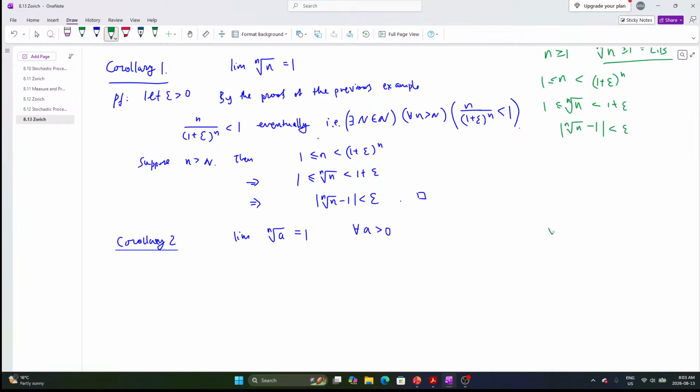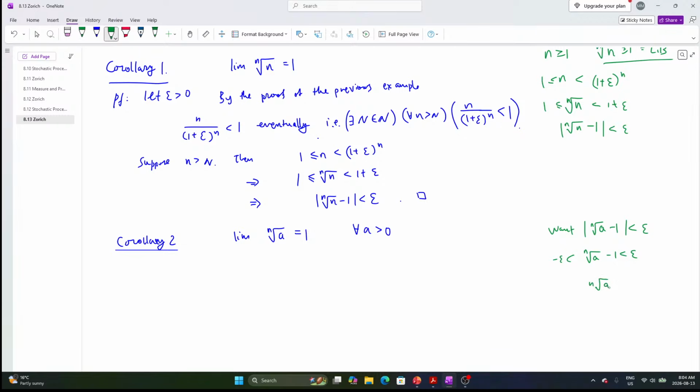We want the nth root of a minus 1 to be less than epsilon, so the absolute value of the nth root of a minus 1 is less than epsilon, meaning greater than minus epsilon.